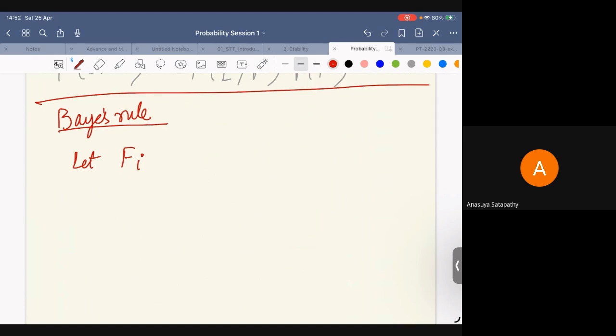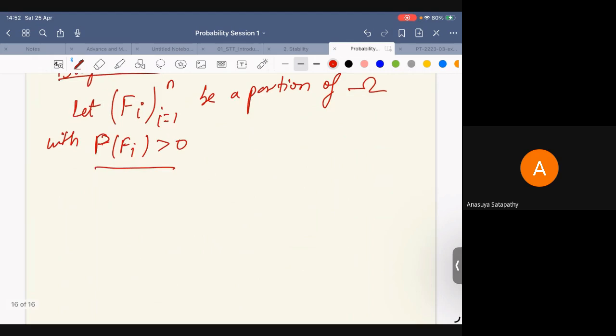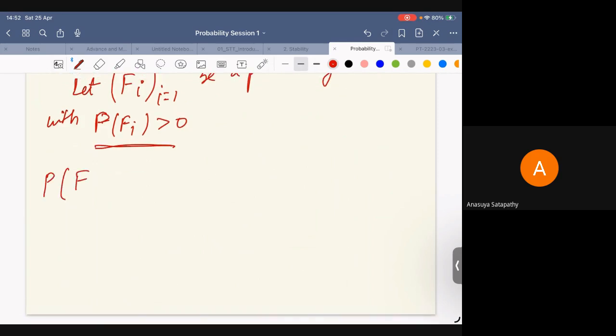When all of these conditions are asked, I represent it like this: F i from 1 to n be a partition of omega with P of Fi greater than 0. Obviously, probability should be greater than 0 to apply the multiplication rule. Remember, whenever you are applying the multiplication formula, the probability should be strictly greater than 0.